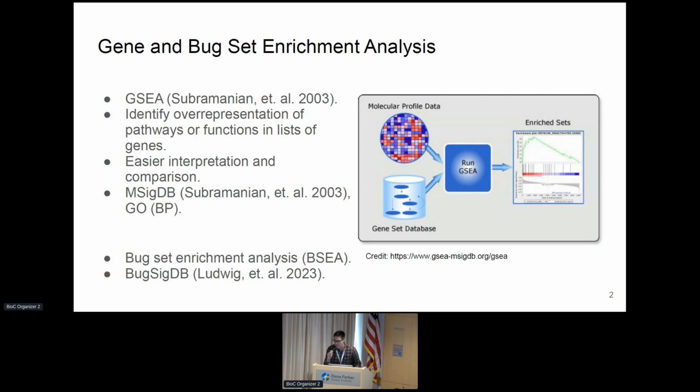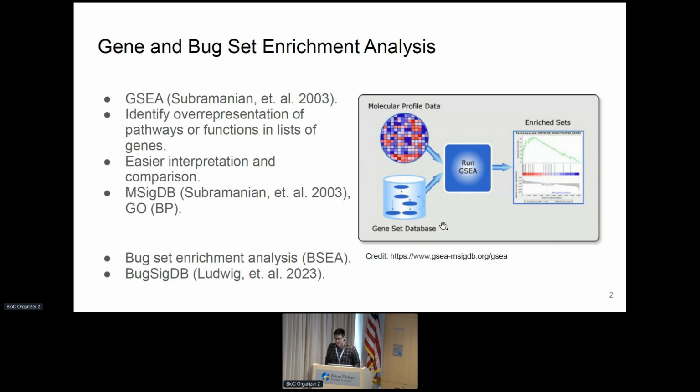For example, you can have two lists of genes, but you can summarize which processes are overrepresented in them. This makes the interpretation of these lists easier, and it also makes it easier to compare to other studies. For that, we need a molecular profile of that data. We also need a database of gene sets.